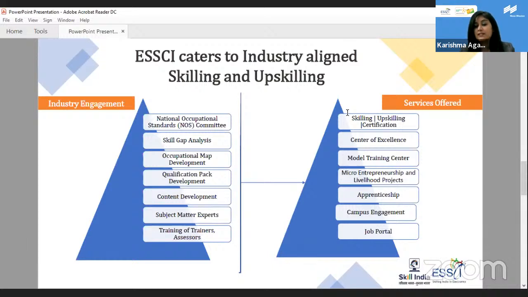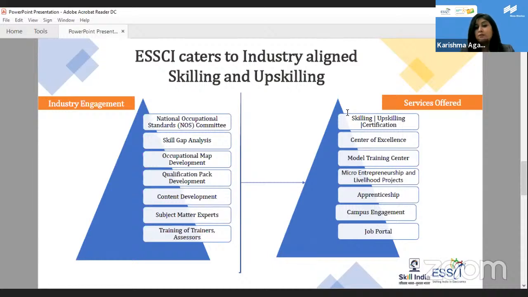We have centers of excellence where we implement these skilling and upskilling programs. These are industry-aligned training programs which we run in the centers of excellence. Industry can also set up a model training center within their premises for their captive requirements.